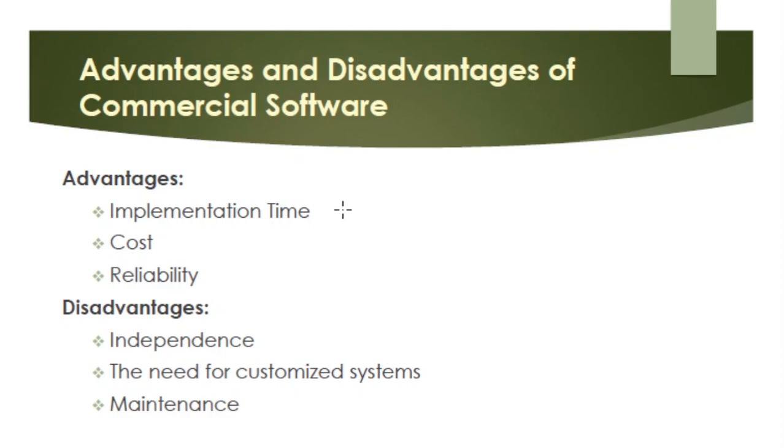If you want it implemented immediately, it can be done, meaning the company or the user doesn't have to wait. Another advantage is cost. In comparison to customized systems, commercial software is less costly than in-house systems.